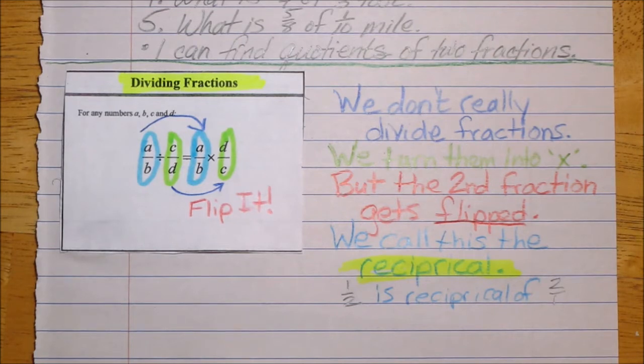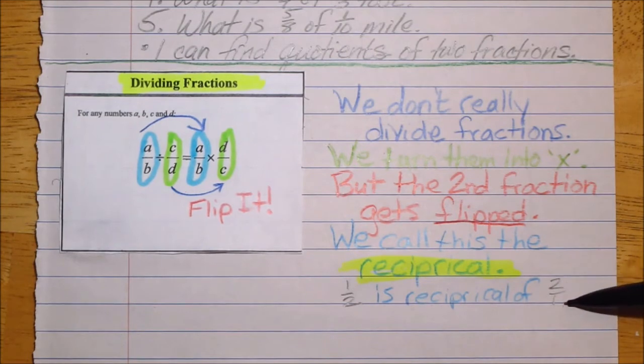All right? So actually what we would say here, because we know any number over 1 is really that number, this is not a properly simplified fraction. Properly simplified, it would be 2. So we could say the reciprocal of 1/2 is 2. Okay? But that works for any fraction.